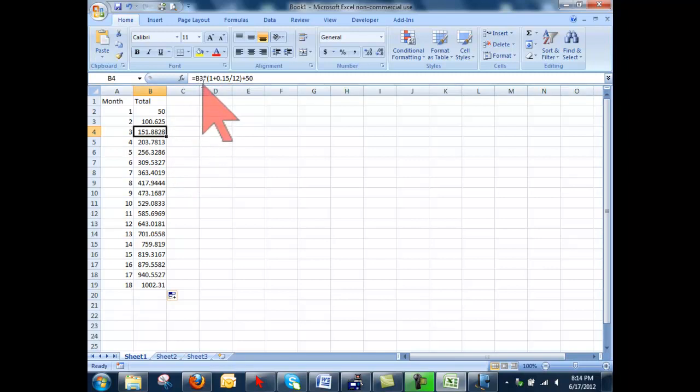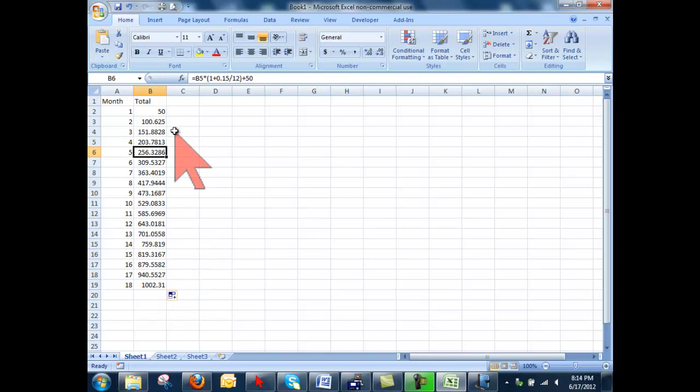Instead of there being a B2 here, now there's a B3, and that's exactly what I want, because B3 contains the amount from the previous month. And when I go down one more, now in cell B5 it's referencing cell B4, in cell B6 it's referencing cell B5, and so on. So this is exactly what I want Excel to do.